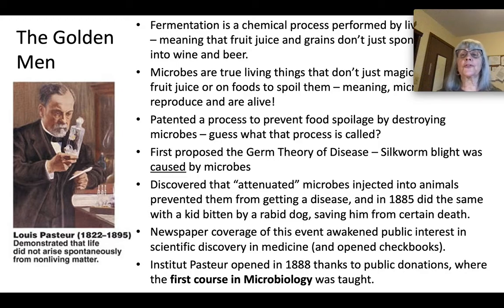The winemakers had noticed that some of their fruit juice became wine while some of it became acetic acid, or vinegar. And they didn't know why it was spoiling. What Pasteur determined is that there was a certain type of microbe, the yeast, and when only that was mixed with the fruit juice, it would produce alcohol.